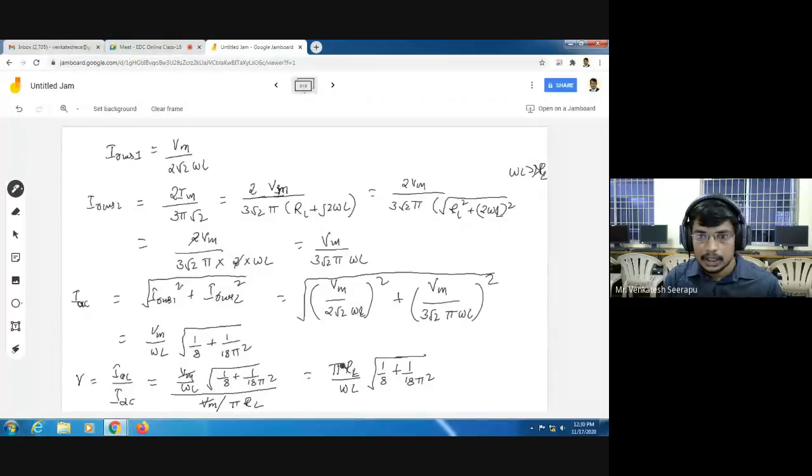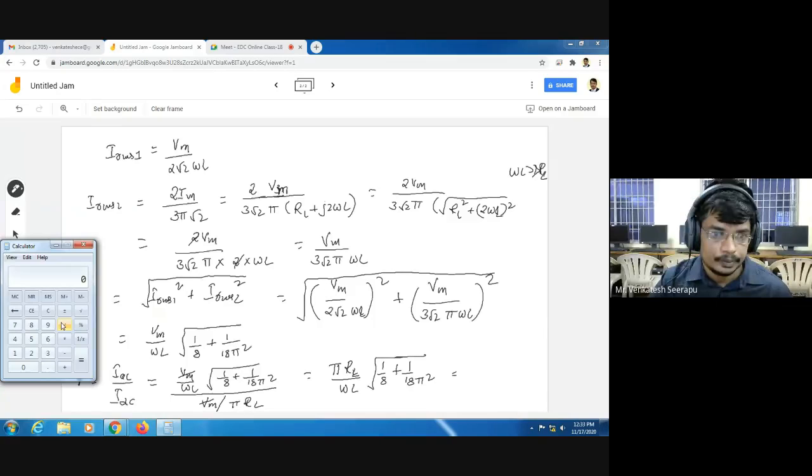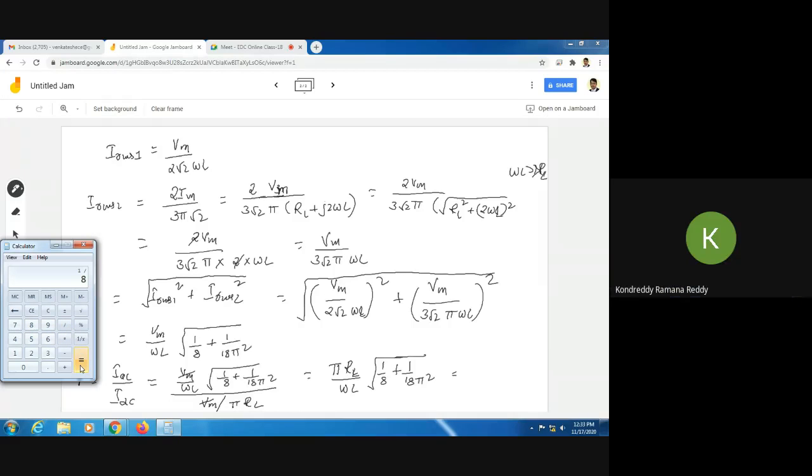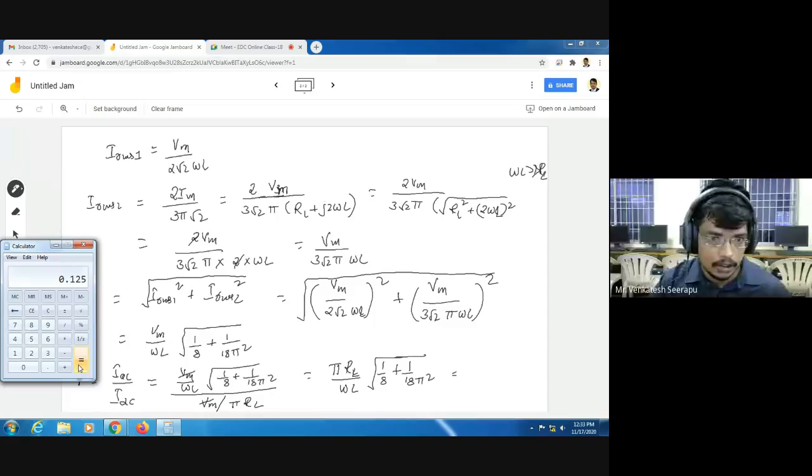Whoever has a calculator, find this value: pi into root over 1 by 8 plus 1 by 18 pi square. What is 1 by 8? 0.125.